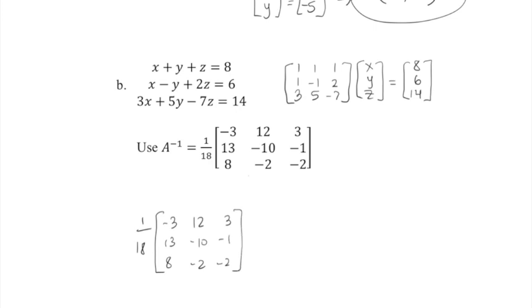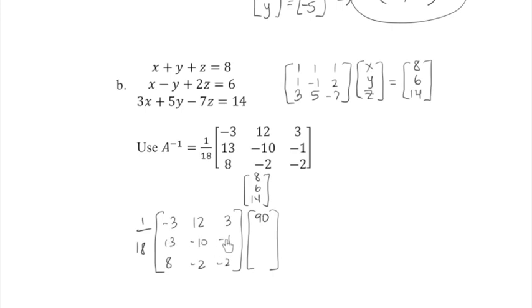Is this matrix multiplied by the matrix 8, 6, 14. So this entry is combining that row to that column. So we're going to have negative 24, positive 72, and 42. So you add negative 24 to 72 to 42. That makes 90.